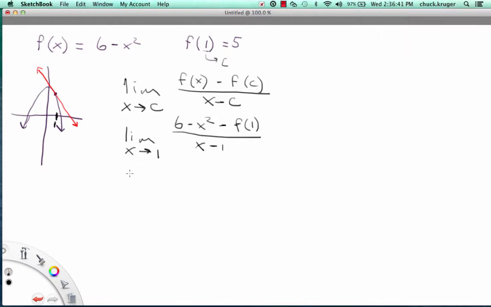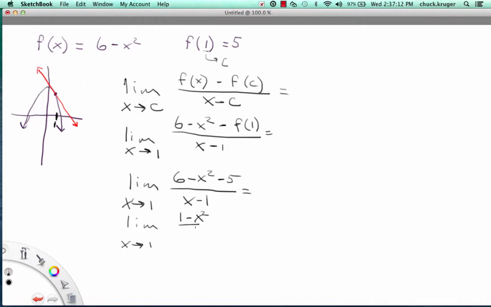So now I've got the limit as x approaches 1 of 6 minus x squared minus 5 over x minus 1, which is equal to the limit as x approaches 1 of, well, 6 minus 5 is 1, so I have 1 minus x squared all over x minus 1.